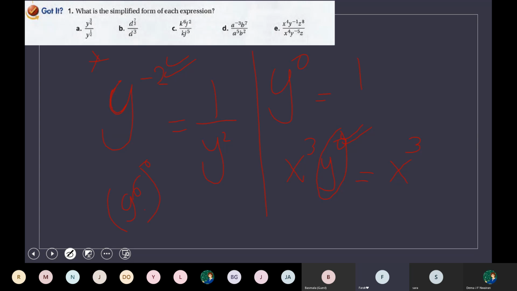Immediately it will be 1. Yes, because here you multiply 6 times 0, which is 0, and the answer is 1. Because we said yesterday, if you have a power raised to a power, you have to multiply the powers.